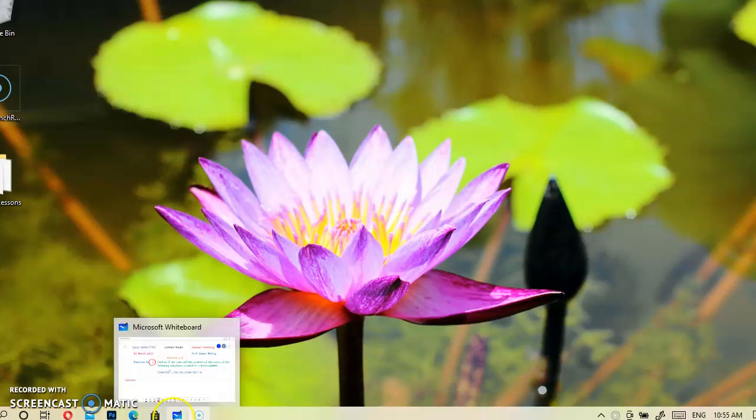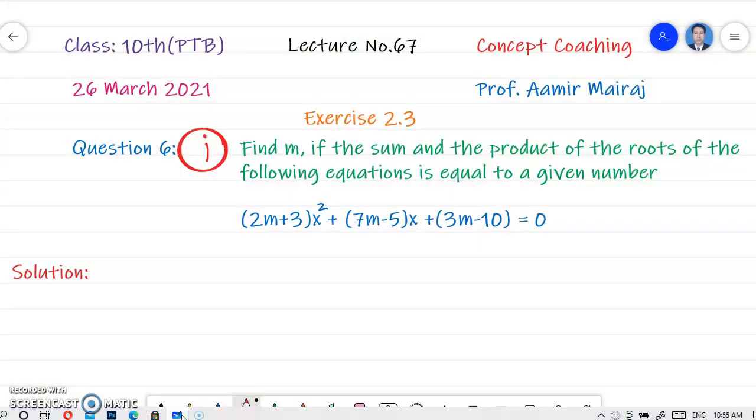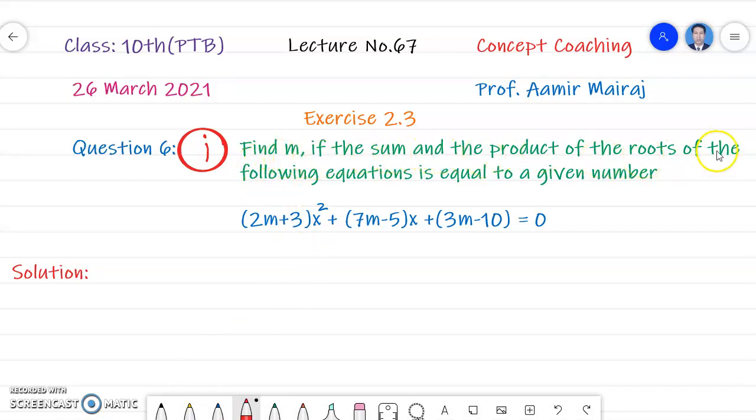Viewers, today is lecture number 67, and we will solve the first part of Exercise 2.3, Question number 6. The question is: find m if the sum and the product of the roots of the following equations is equal to a given number. And what is that number?